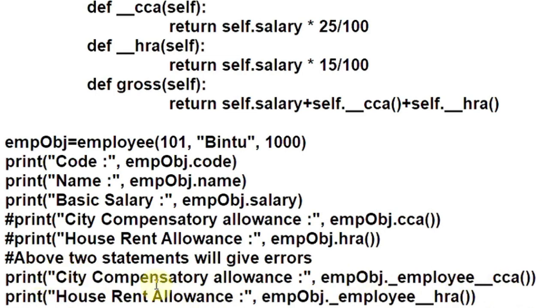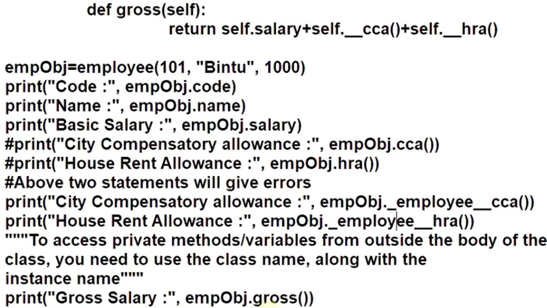So you displayed the CCA, city compensatory allowance, in the main function. House rent allowance. See, invoking the private method by using the object as well as the class. So I have written here, to access a private method or variable outside the body of the class, you can use the class name along with the instance name. You can invoke the gross method to display the gross salary because gross is a public method.